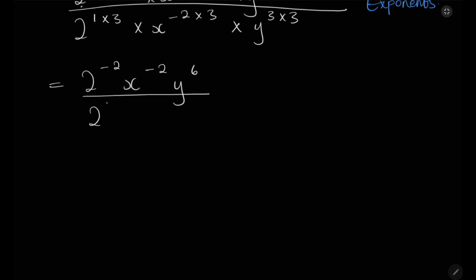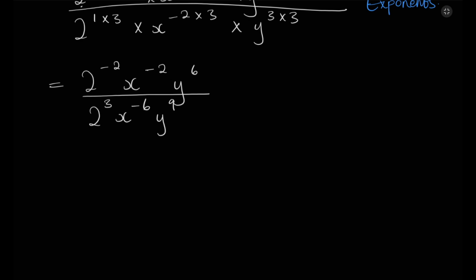We write down our base 2, 3 times x. Negative 2 times 3 is negative 6. Times y, 3 times 3 is 9. So this is what we have: 2 to the power negative 2, x to the power negative 2, y to the power 6, all over 2 to the power 3, or 2 cubed, x to the power negative 6, and y to the power 9.